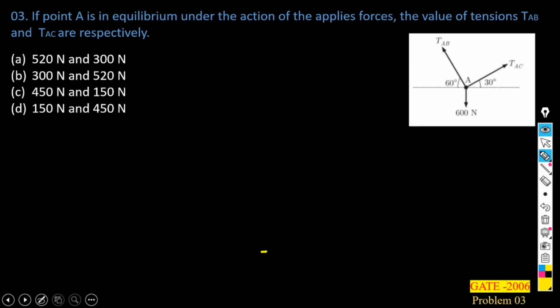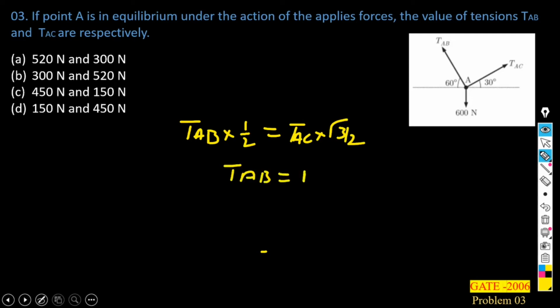If I resolve the forces, TAB cos 60, which is equal to 1 by 2, is equal to TAC cos 30, which is equal to root 3 by 2, implies TAB is equal to root 3 TAC, and summation of vertical forces is equal to 0.